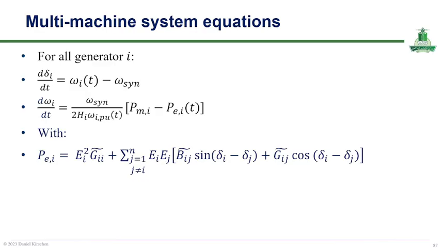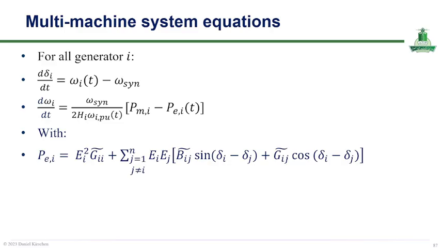So the second equation, this one, represents the swing equation as we discussed before, where the rate of change of angular speed depends on the imbalance between mechanical input power and electrical output power, scaled by the machine inertia.